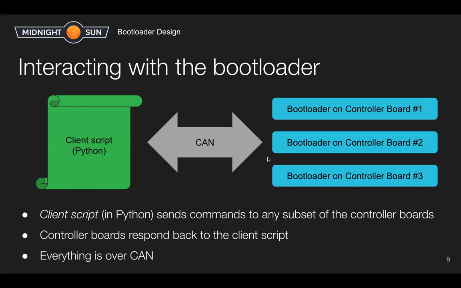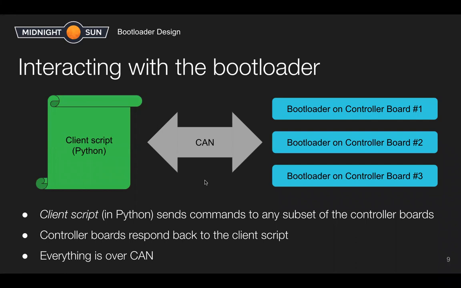And we'll see that in a second. And the controller boards respond back to the client script. From the bootloader's perspective, running on a controller board, it's like it has an exclusive relationship with the client script, because the bootloaders don't have to interact with each other. They only have to interact with the client script. And that's just to make it a lot simpler, because we only have limited memory on a controller board. We only have 16 kilobytes, I believe.